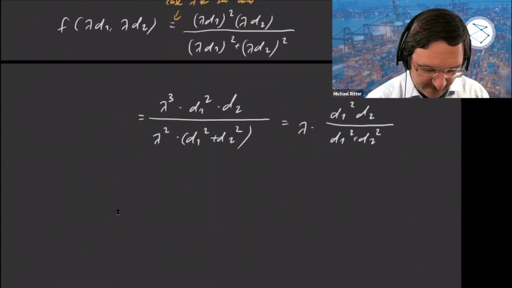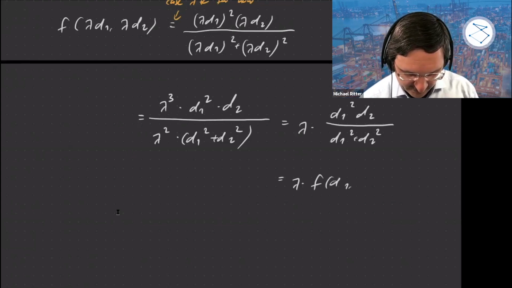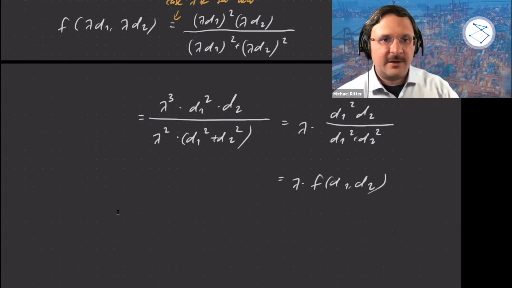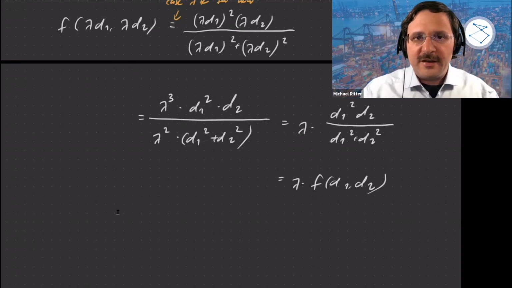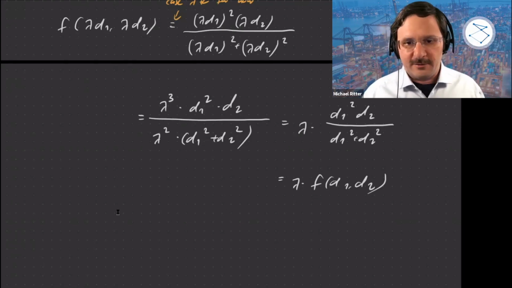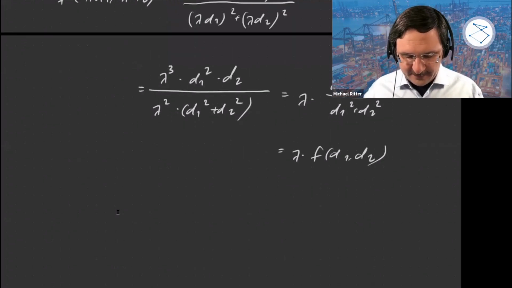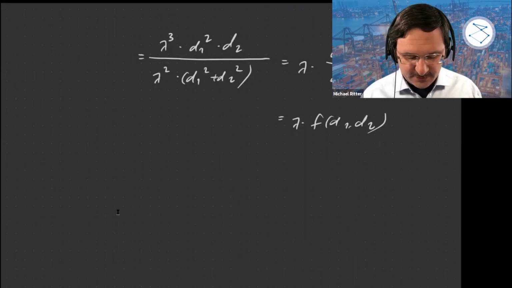So we can abbreviate that by saying, well, that's the same thing as lambda times f of d1, d2. So basically we evaluate f of the direction vector, and then the real function value will be lambda times that value. Okay, so along each direction, we just have that simple linear function.